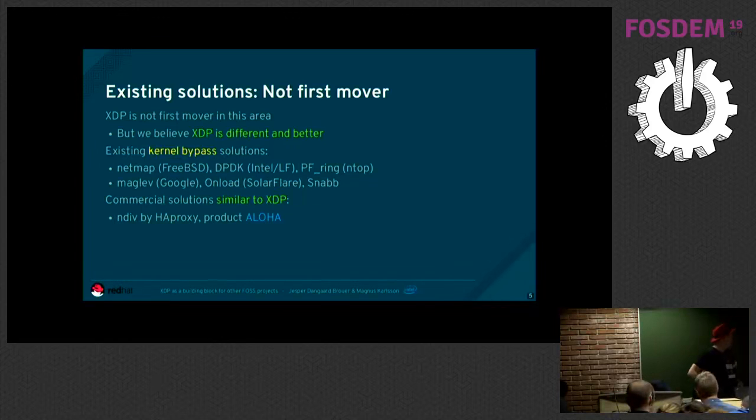Google did a solution called Maglev, and they suddenly published a paper after DPDK came out, claiming they did this many years before. There's OpenOnload, and the Snabb switch, which is also here. And there's a solution very similar to XDP, a commercial solution from HAProxy called NDIV.